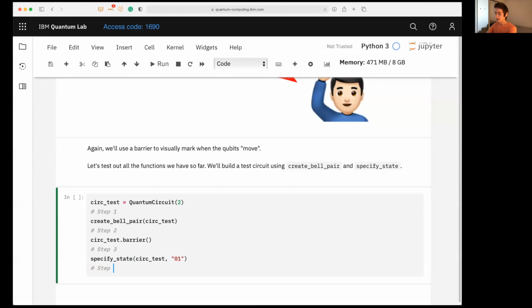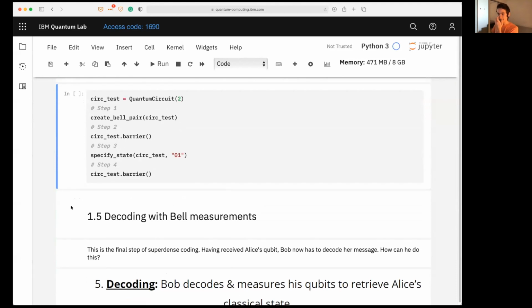OK, and then finally, step 4 is another transmission. Alice is going to send her qubit to Bob. We're going to use another barrier for that. Again, these barriers, they're just visual reminders of where steps 2 and 4 happen. They don't actually do anything to our quantum circuit. So you could remove them if it's confusing. I'm hoping that it actually makes things clearer.